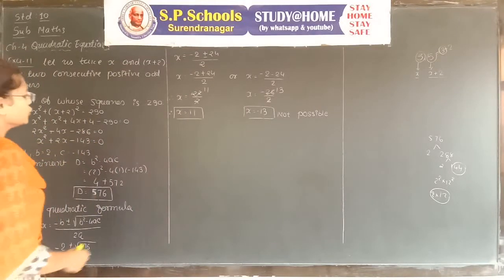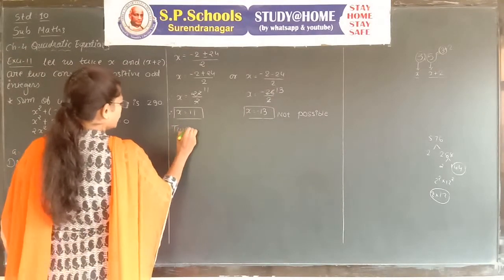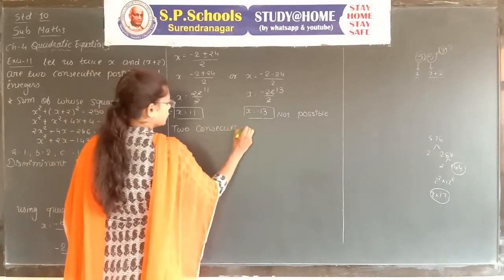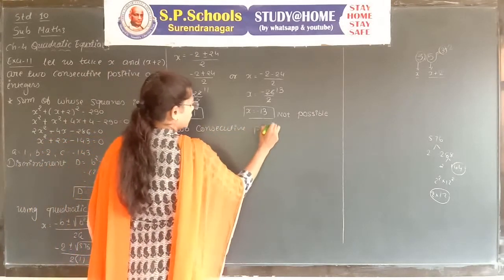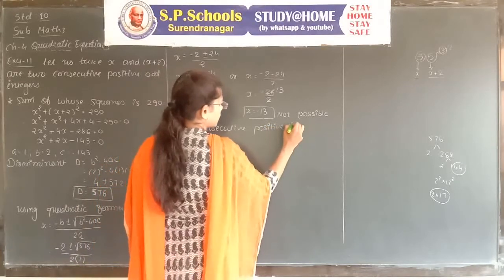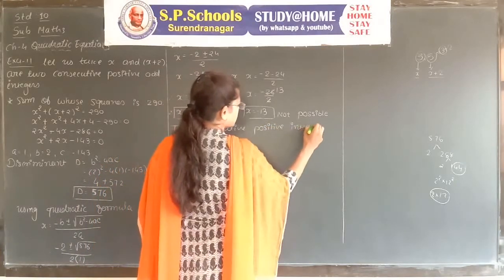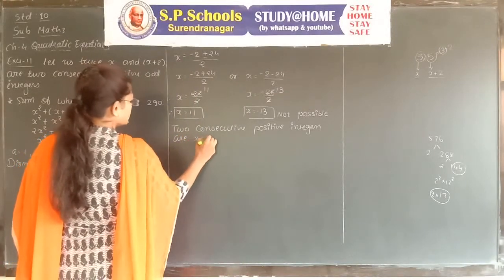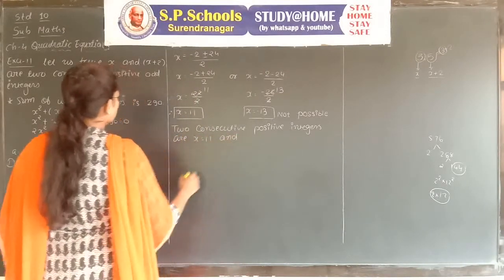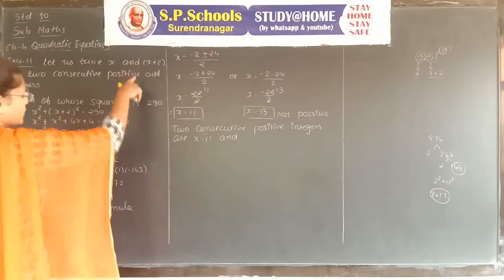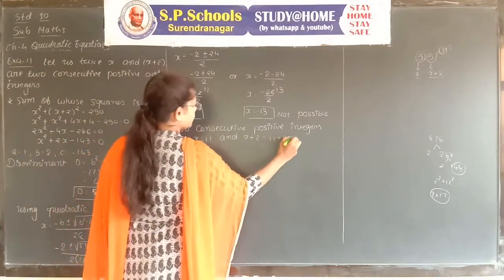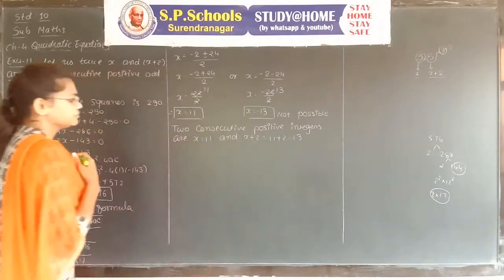Now the two consecutive positive integers are: one is x, which is 11, and the other is x plus 2, which is 11 plus 2, equal to 13.